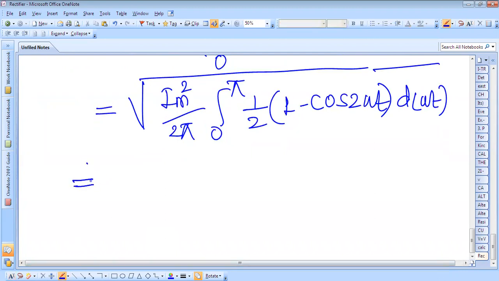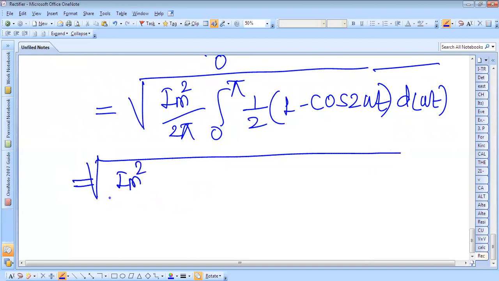So this is the square root of Im square by 2 pi into half, the constant taken outside the integration.